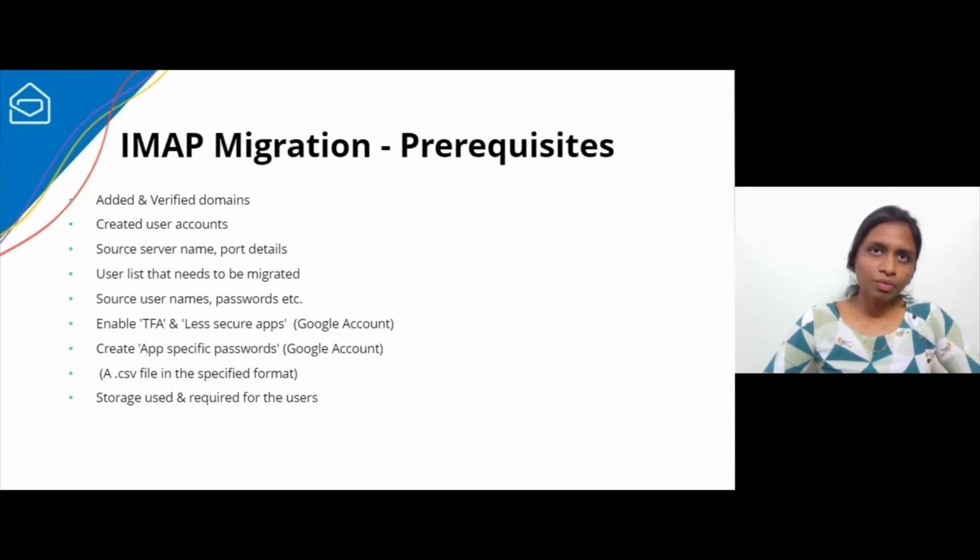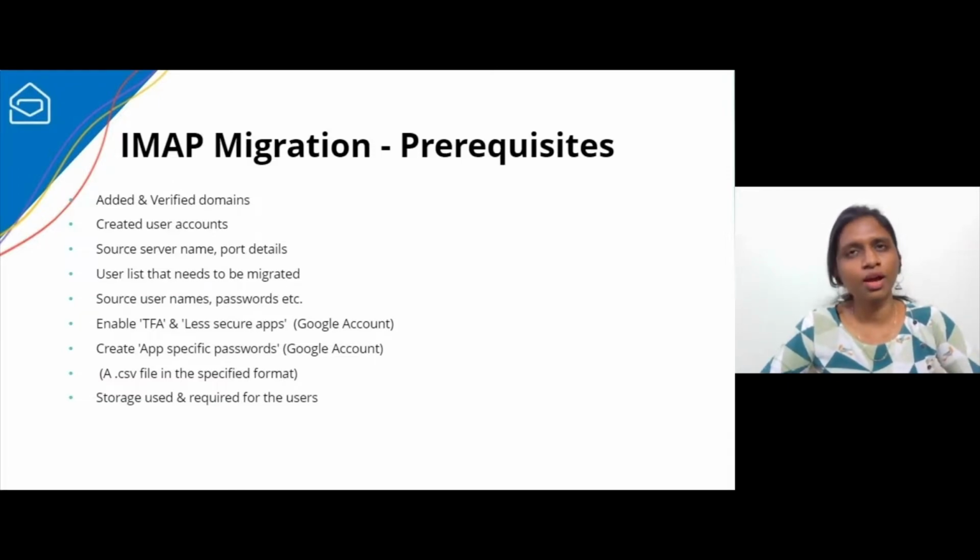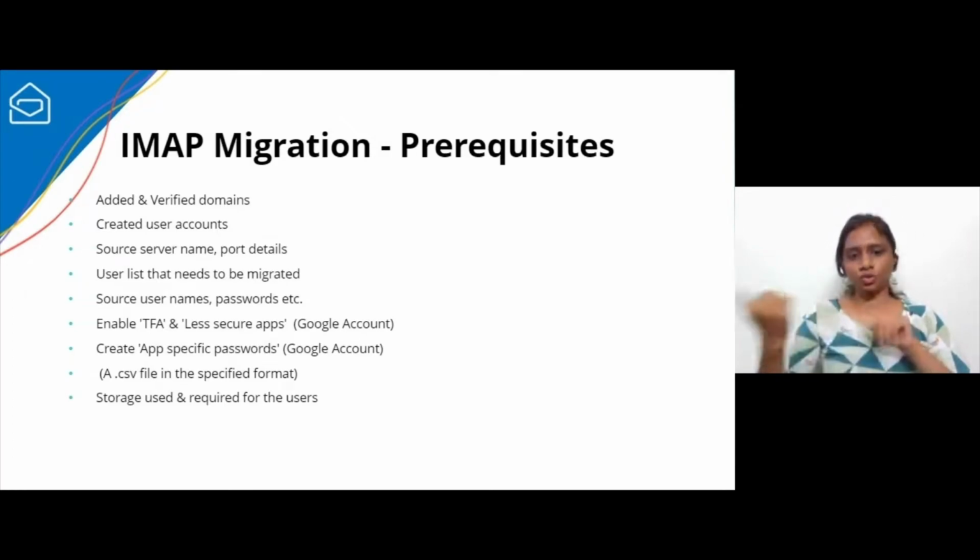Let me give a glimpse of what TFA is doing here. TFA is nothing but two-factor authentication. It's an extra layer of protection, just as simple as that. Let's imagine a user from Google that you want to migrate has enabled TFA in the Google account.